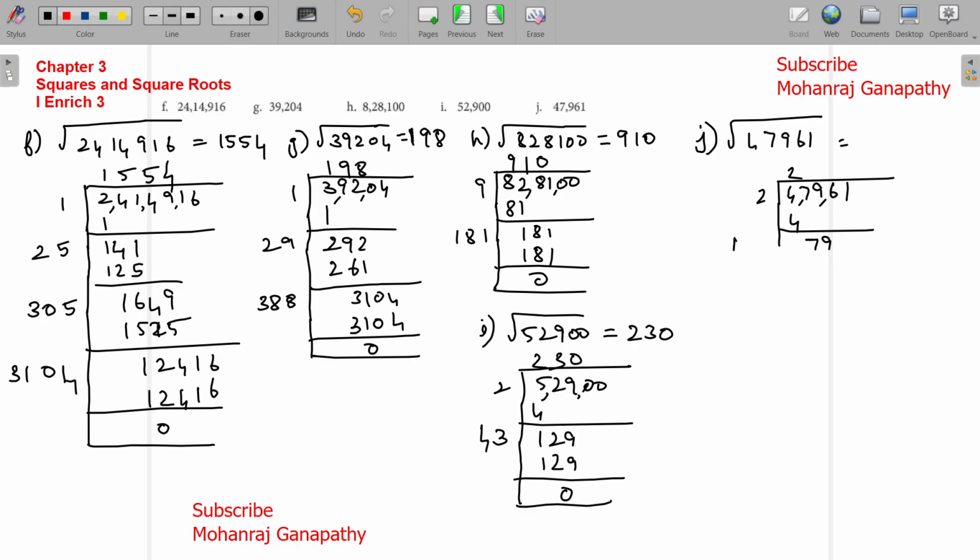Multiply by 2. 42 into 2 becomes 84. 41. 3861. 429. 9 nines are 81. 9 twos are 18. 18 plus 8, 26. 4 nines are 36. 36 plus 2, 38. 219.